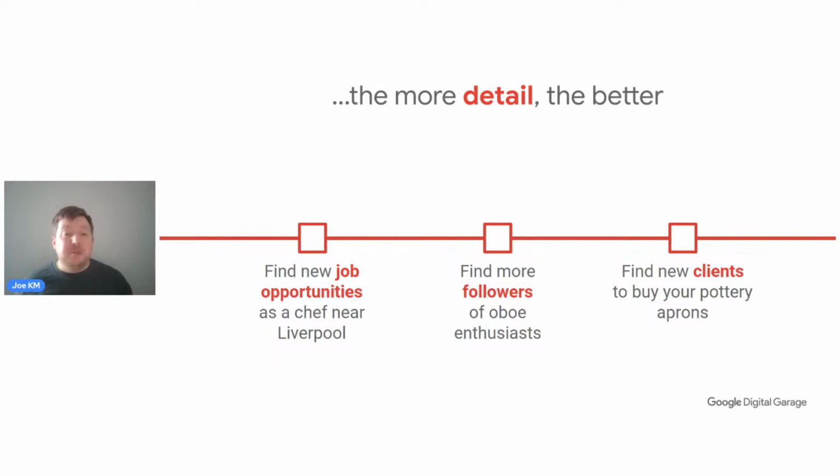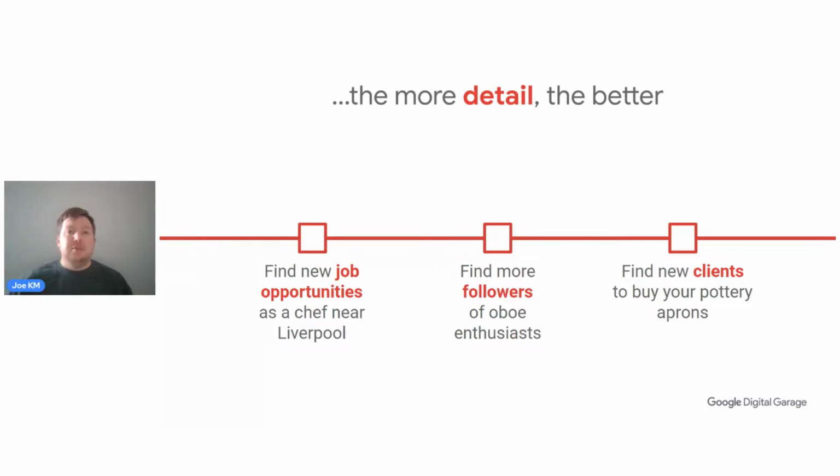An example of this could be to find new job opportunities as a chef near Liverpool. So now you know this information. Is it that you start to write content on your social media about maybe places that you've worked in Liverpool, maybe reviews, get some feedback from different chefs that you've worked for, any prestigious establishments that you worked for?